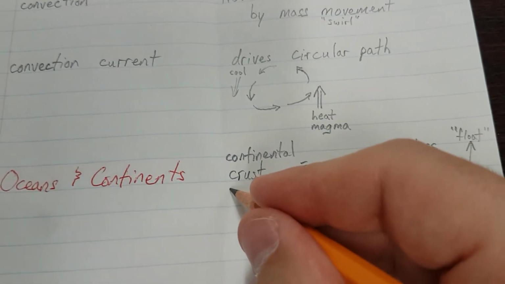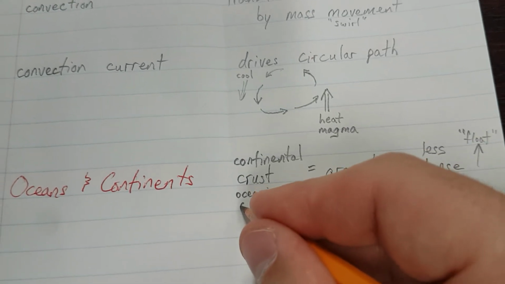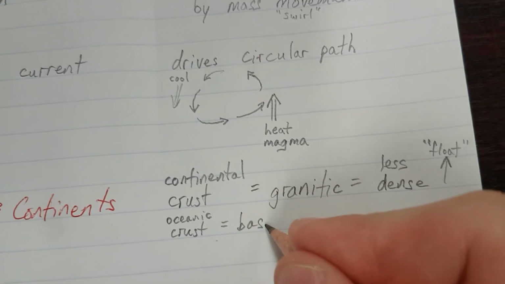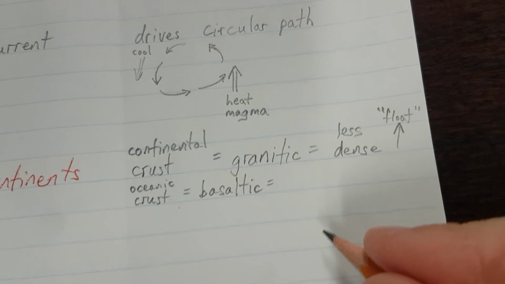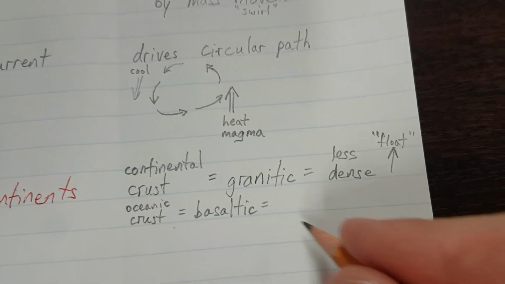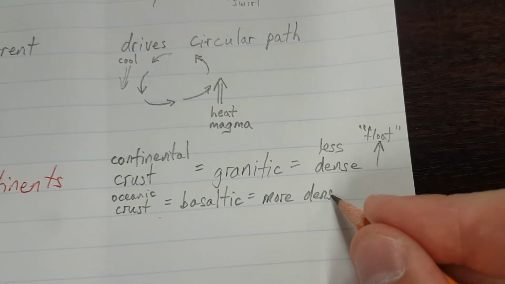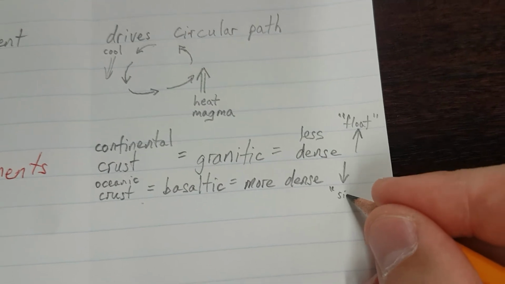Okay, oceanic crust, O-C-E-A-N-I-C, oceanic crust, C-R-U-S-T, equals basaltic, B-A-S-A-L-T-I-C, equals more, M-O-R-E, dense, D-E-N-S-E. Arrow down, "sink," S-I-N-K.